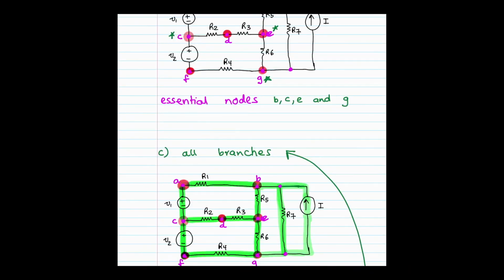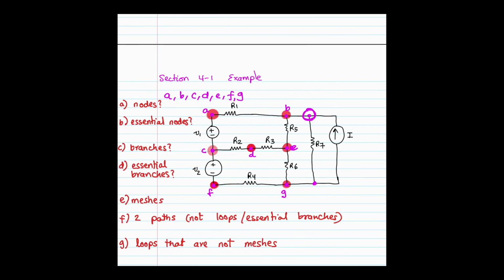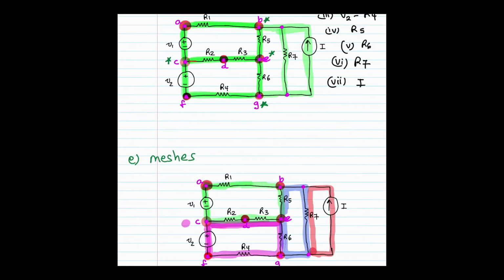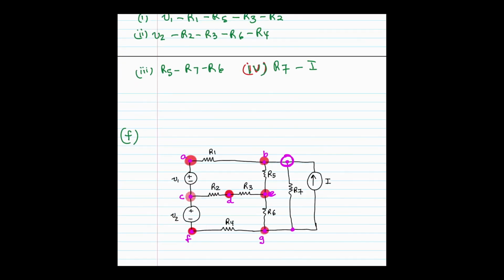So let's copy this, and then identify two paths that are not loops, and that are not essential branches.